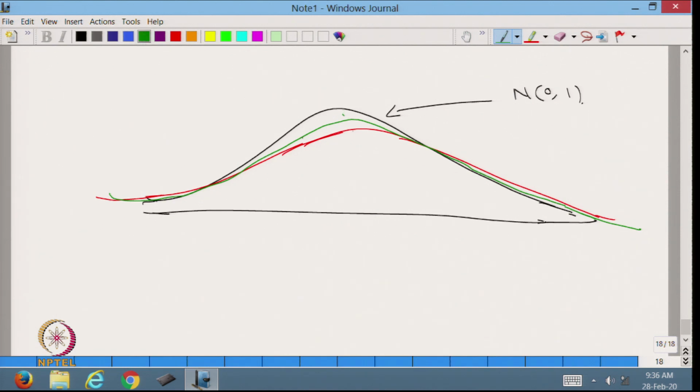Therefore, this is say T with 10 degrees of freedom, but suppose this is say T with 5 degrees of freedom.